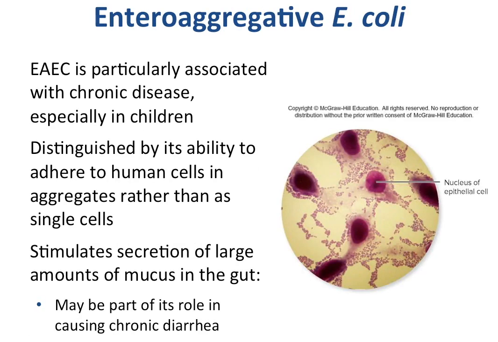Now let's talk about the enteroaggregative E. coli. So this is associated with the chronic disease, especially in the children. So this type of E. coli actually can adhere to the human cells.